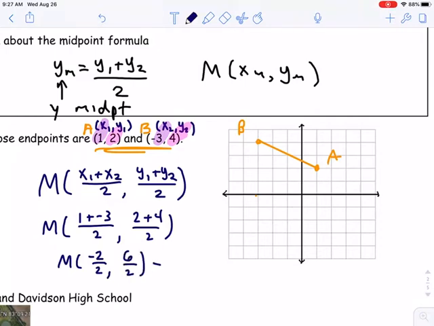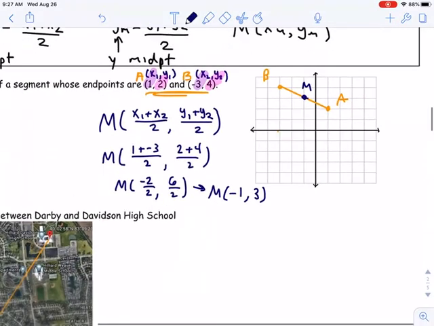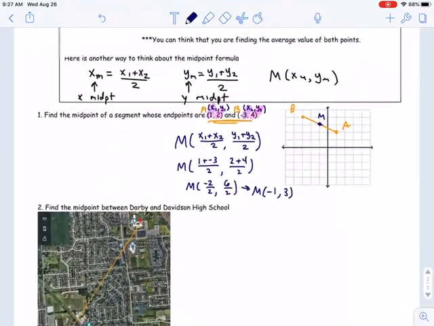Notice how it's a comma; this is an ordered pair. So the midpoint is negative 1 comma 3, which I could tell right away, but we're getting practice using this brand new formula. I practiced with very easy numbers just to get used to it.